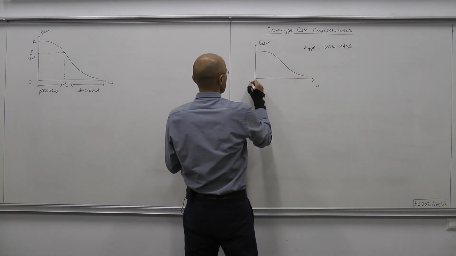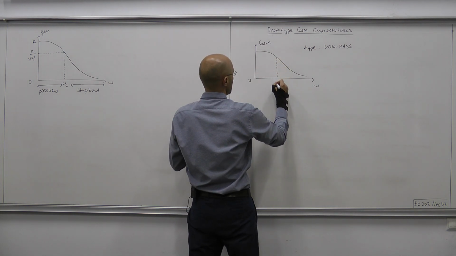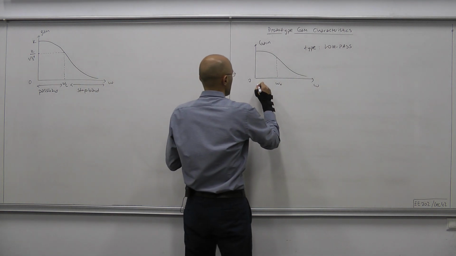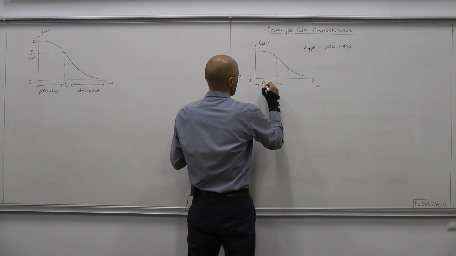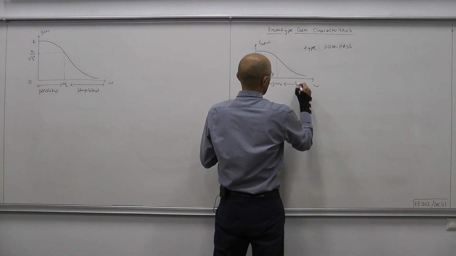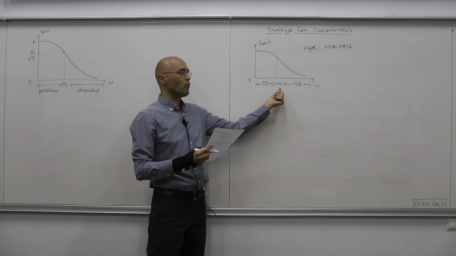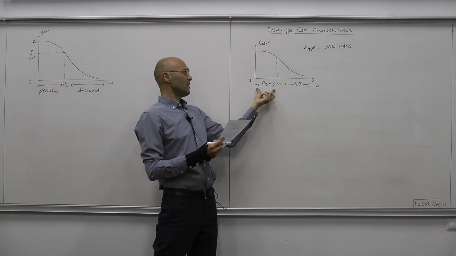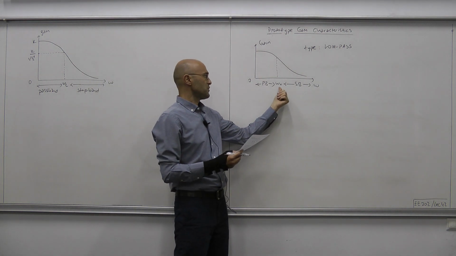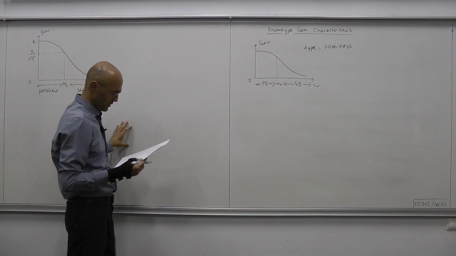And suppose this is 0. Somewhere here we're going to have the cutoff frequency, omega c. So here this is passband, and here we have the stopband. The frequencies from 0 to omega c make our passband frequencies, and frequencies from omega c to infinity make the stopband frequencies.